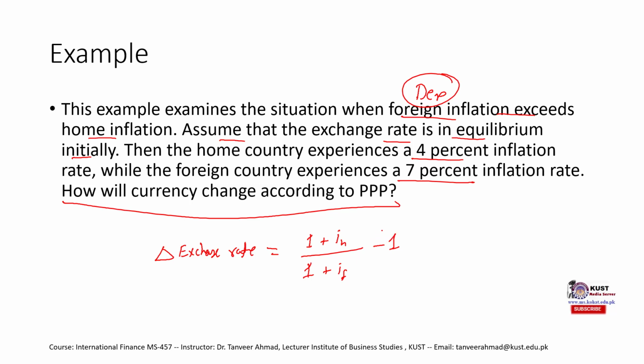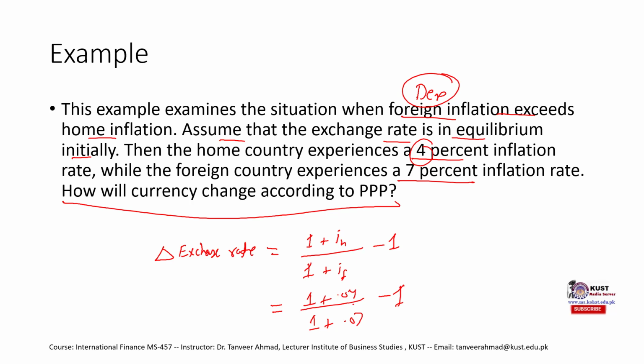So in this example, if the home inflation is 4% and the foreign inflation is 7%, then what would happen to the foreign currency?